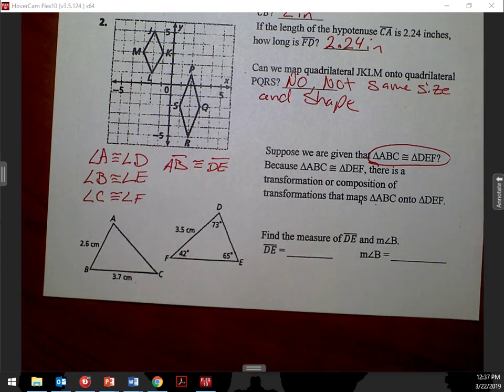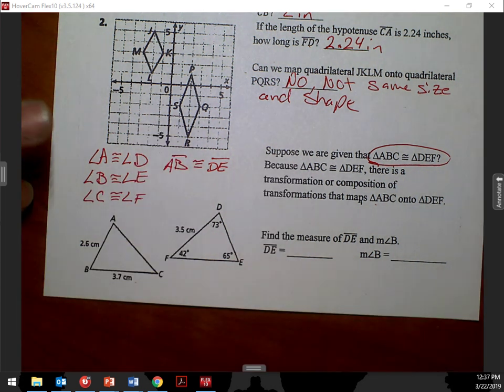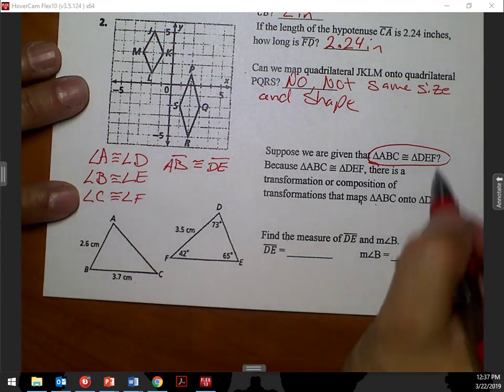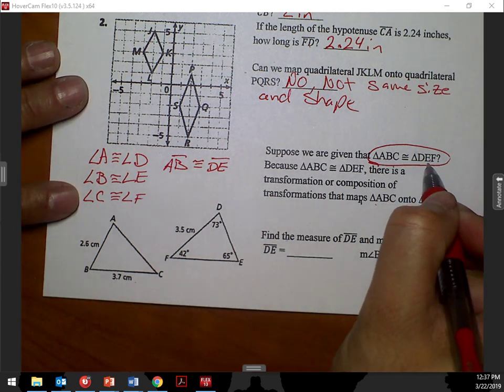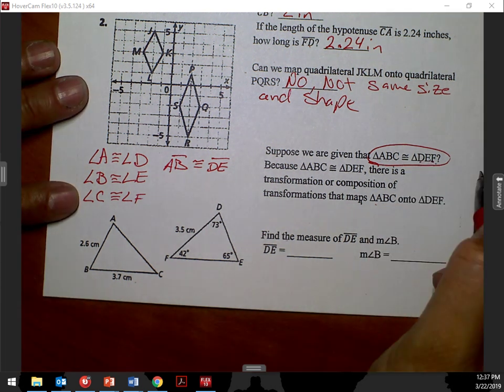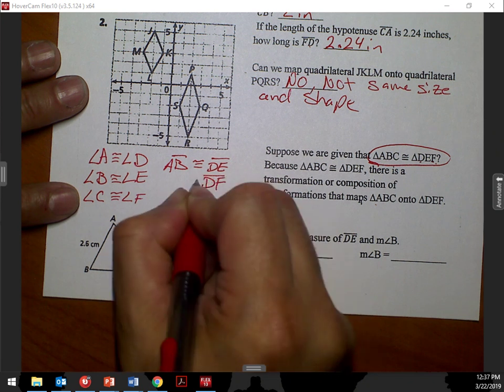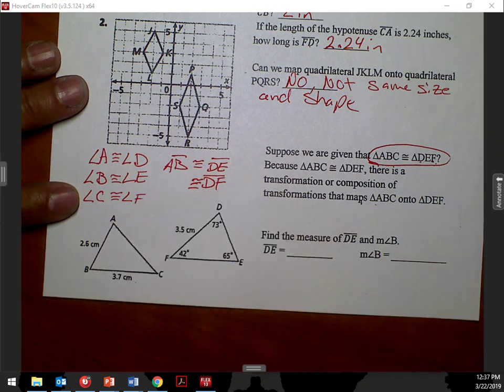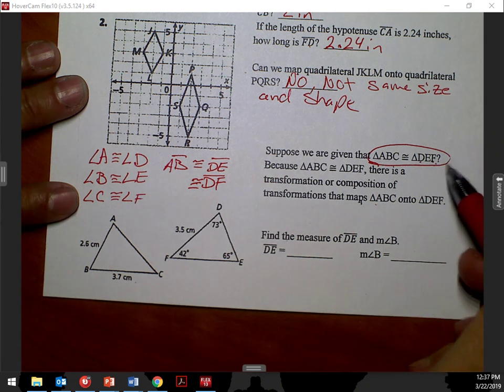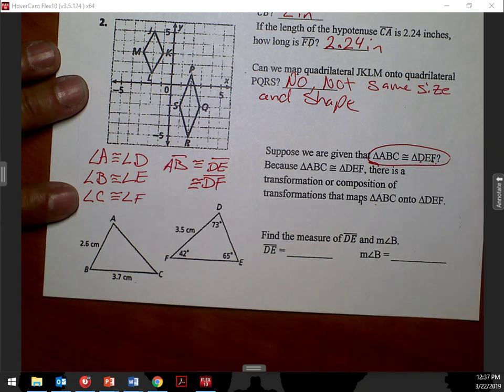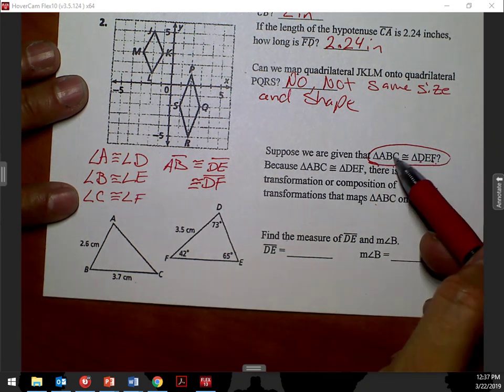All right, so since this is a triangle, how many sides does it have? 3. So I need another volunteer to give me another one. I heard, okay, you said DF, right? Yes. Okay, so let's start with DF. So DF is congruent to AC, right?